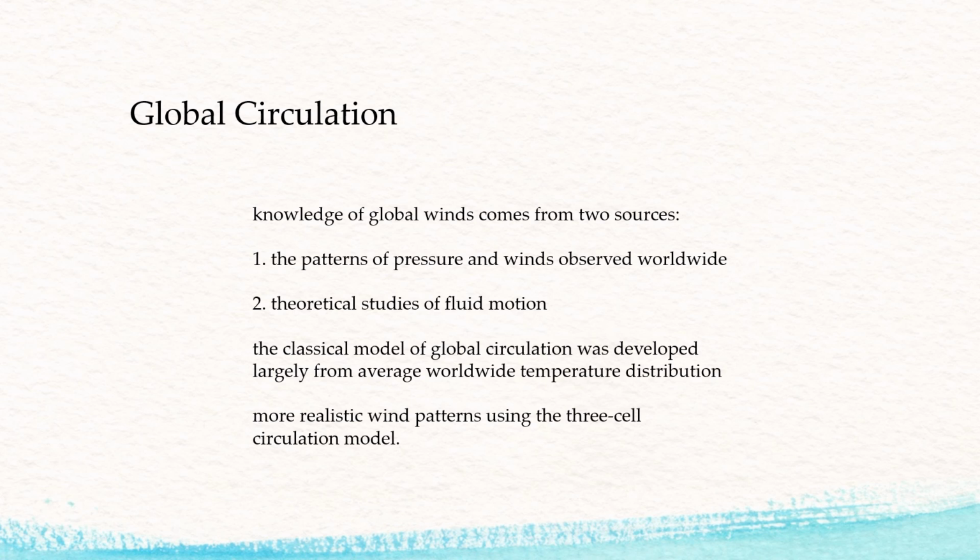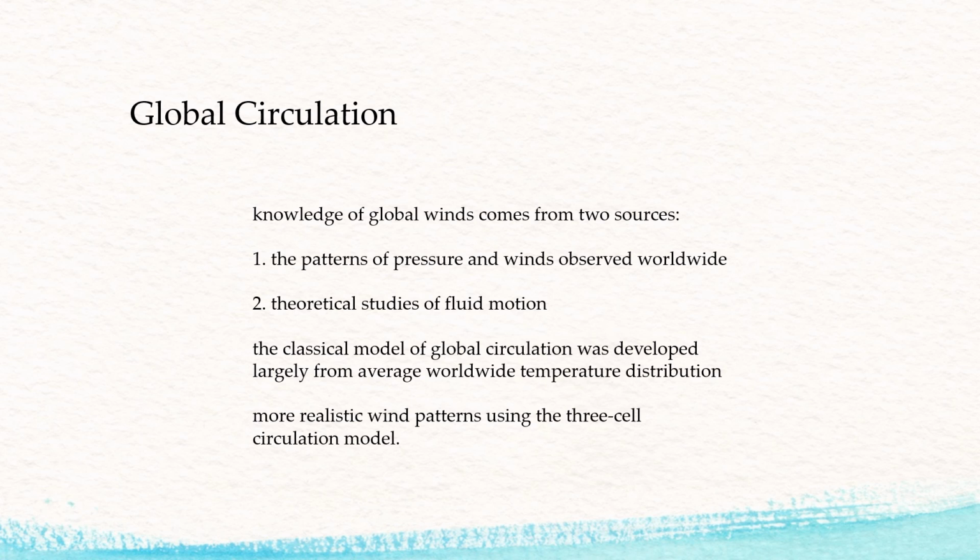We have a model for this global circulation in order for us to visualize what the global circulation really is. It does not only come from the patterns of pressure and winds, but also from the theoretical studies of fluid motion.